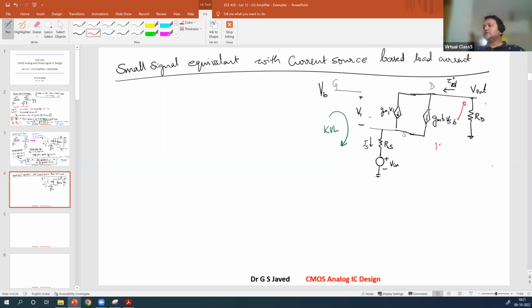If you apply KCL at this node, KCL at the output node, and KVL will come here. So with KVL, what are the learnings you have? V1 plus Vin equal to 0.